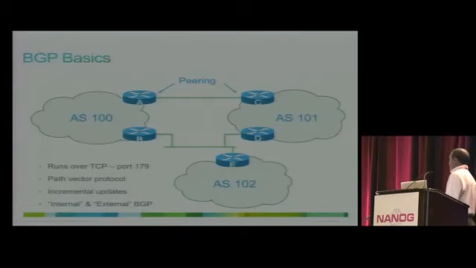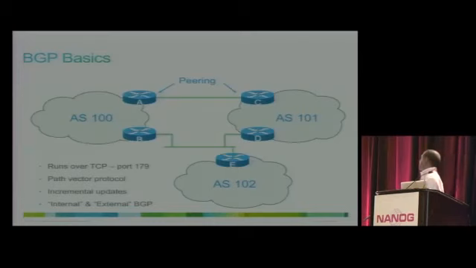So BGP basics. You see that in this particular example, there are 3 different networks, and assume that these 3 networks are owned, operated, and administered by 3 different entities. Even though in this documentation you are using AS 100, 101, and 102, the recommendation is to use those ranges that are explicitly specified for documentation purposes. Particularly if you are providing configuration examples, you don't want people to copy and paste them and create problems.